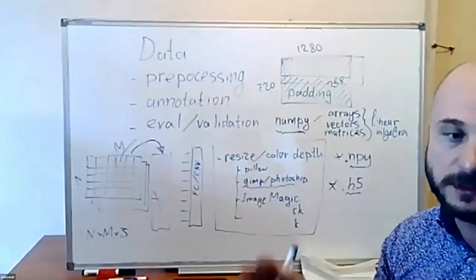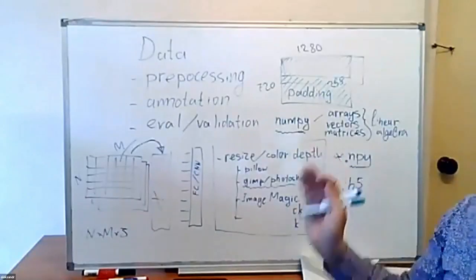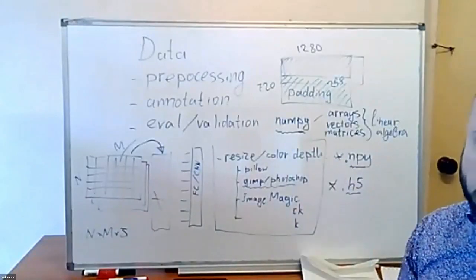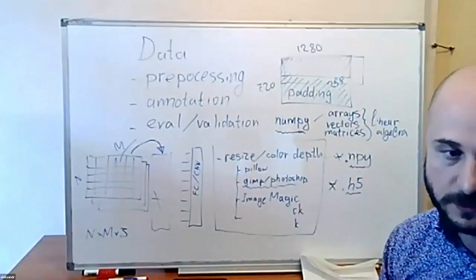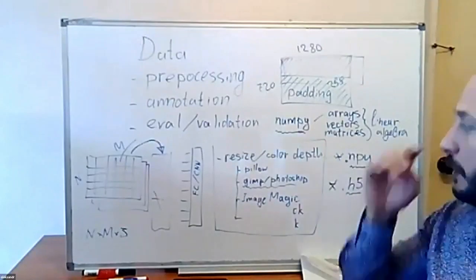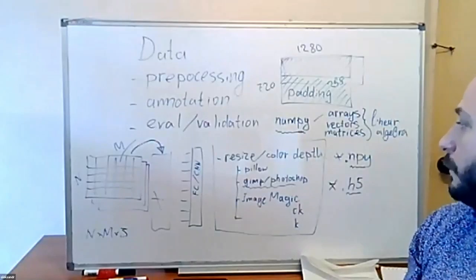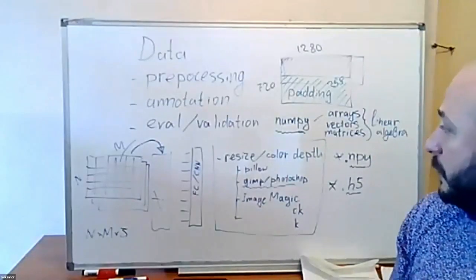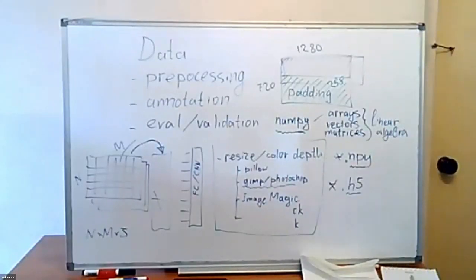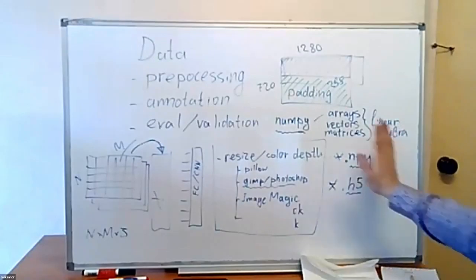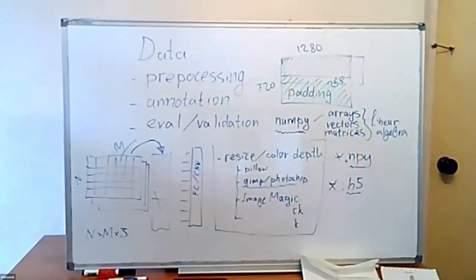Just one time, save in H5, and then reuse this million times, or even more. So this is about preparation of format for images.